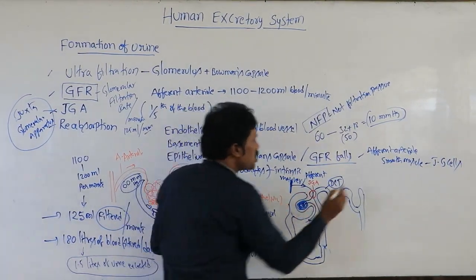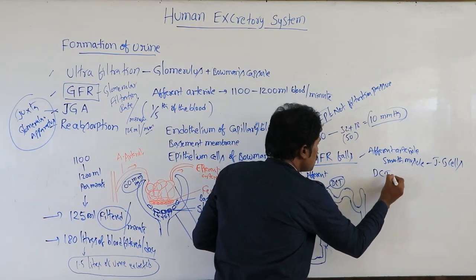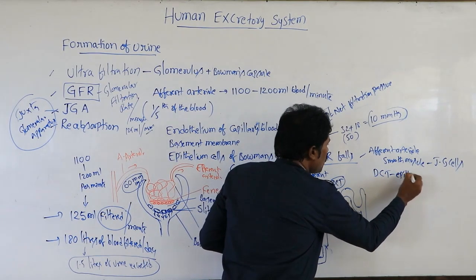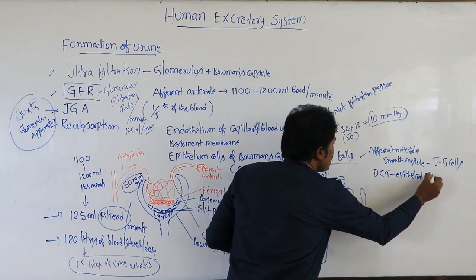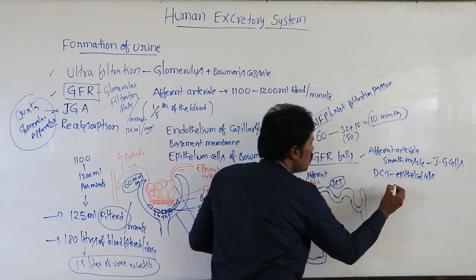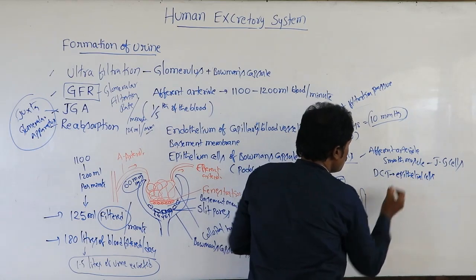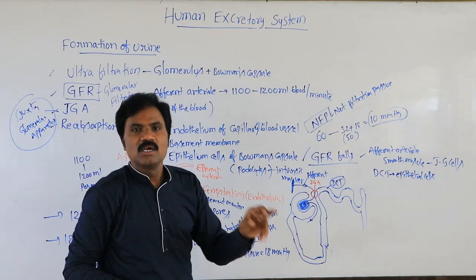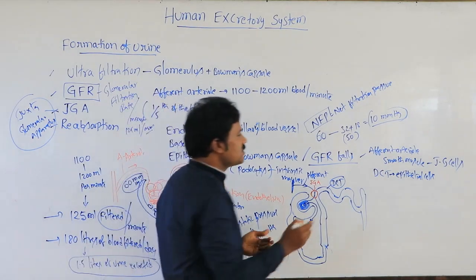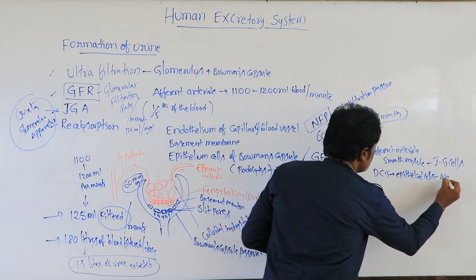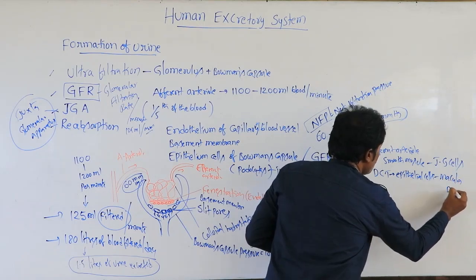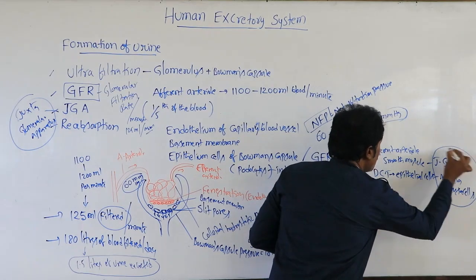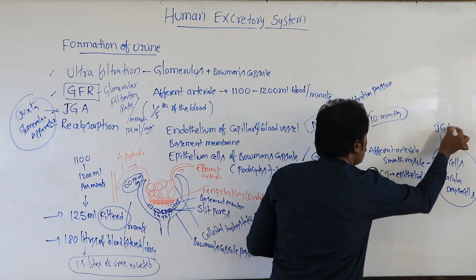Similarly, in the distal convoluted tubule, the epithelial cells are modified into macula densa cells. JG cells and macula densa cells together we call the juxtaglomerular apparatus.